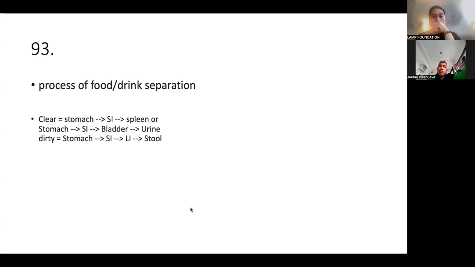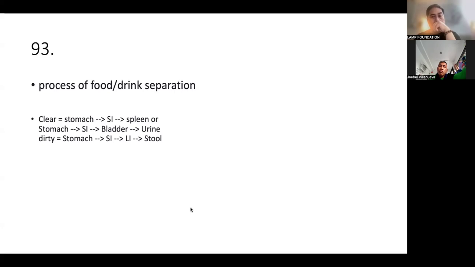Okay, can you discuss the process of food and drink separation? The stomach, then from the stomach it goes to the small intestine and then the bladder, and then produces urine.